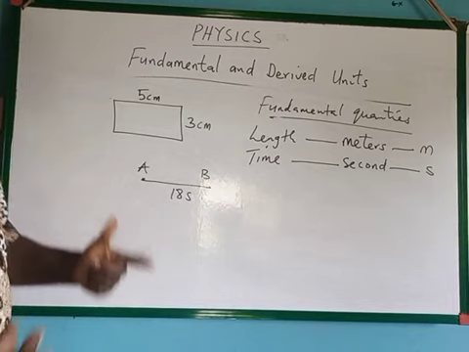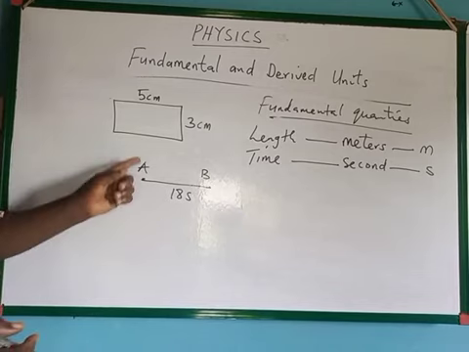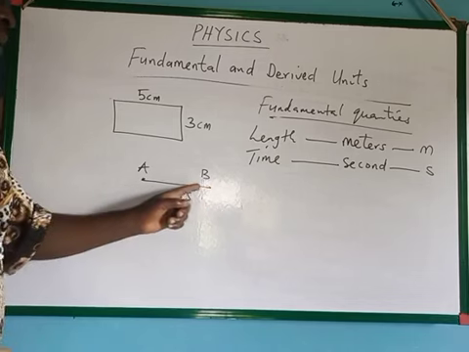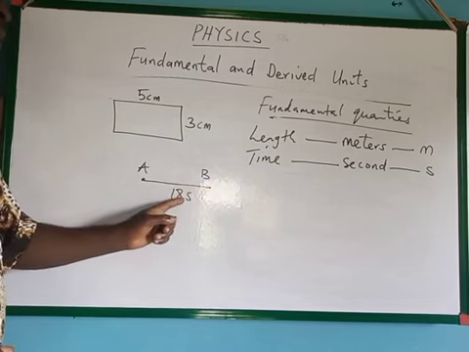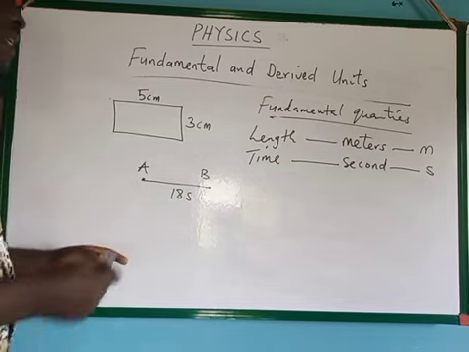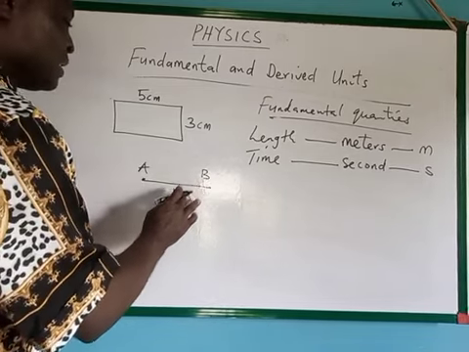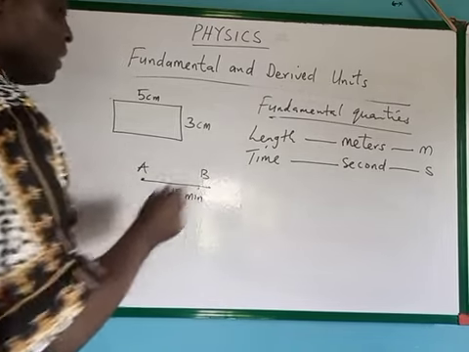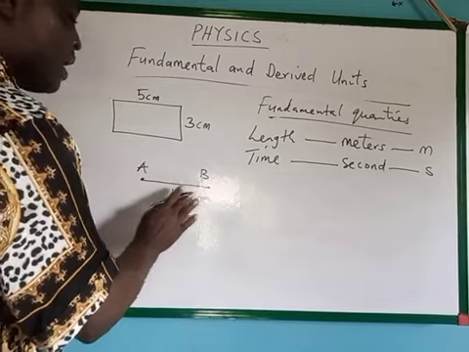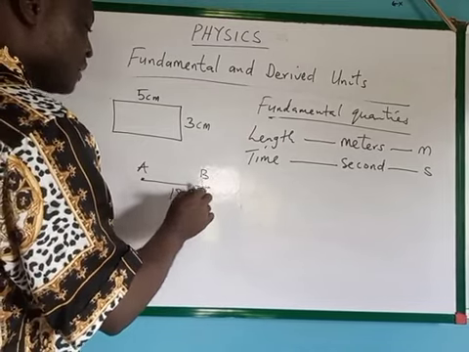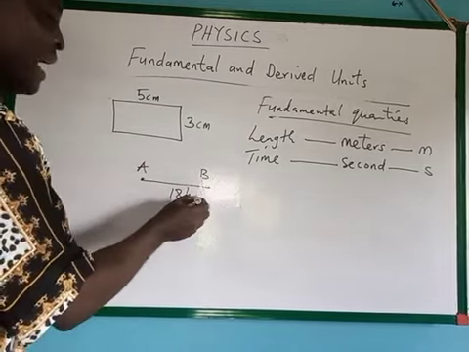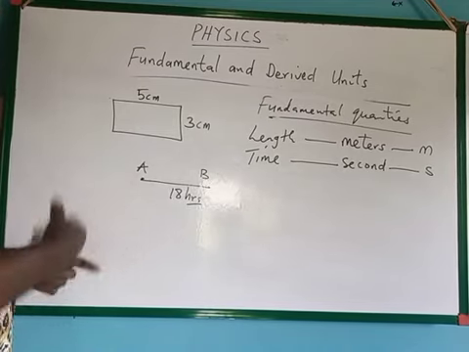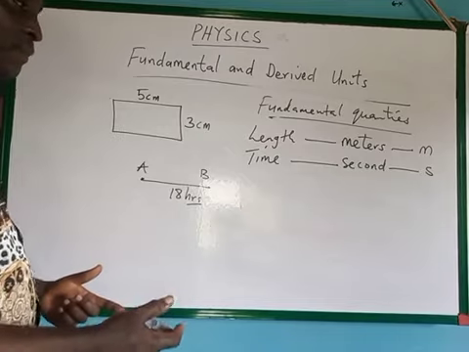I will not just say 18, I will say 18 seconds because the vehicle moves from point A to B using time, and that time is 18. But what about the unit? It is seconds. If it is not in seconds, it gets to minutes, 18 minutes. If it is not in minutes and it gets to hours, 18 hours. So these are all units attached to a numerical value when it is measured.